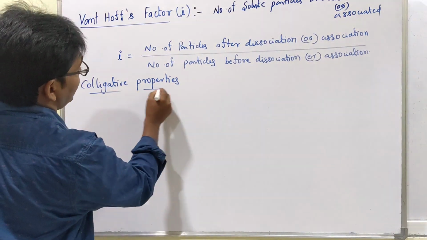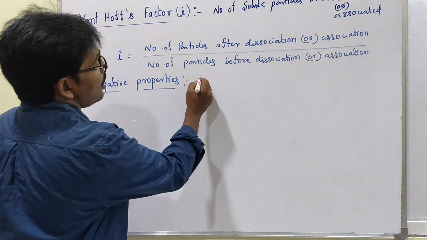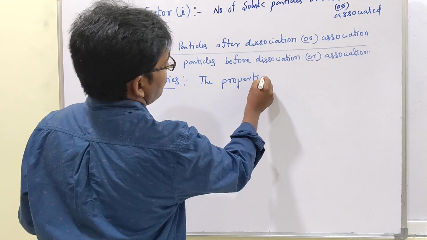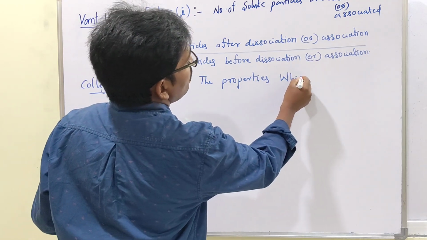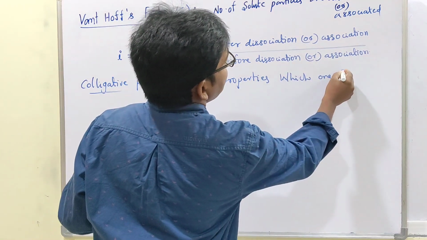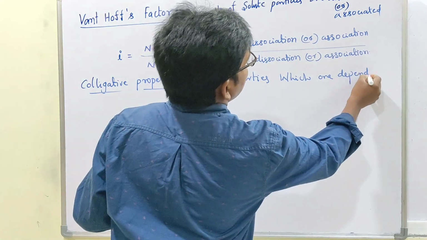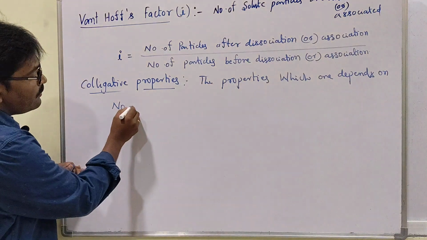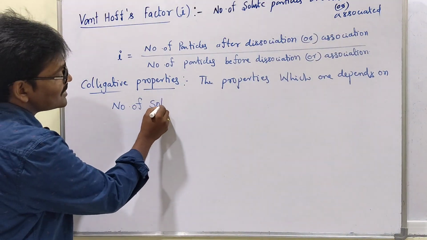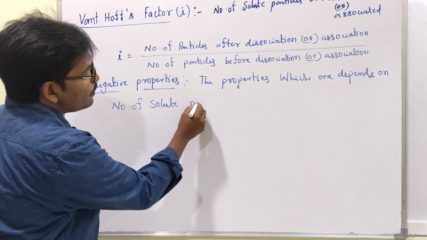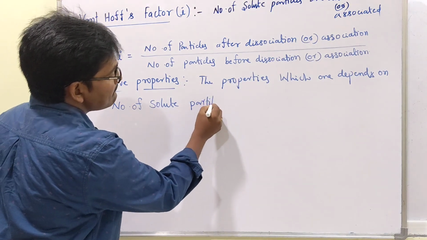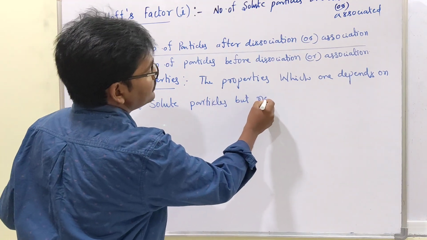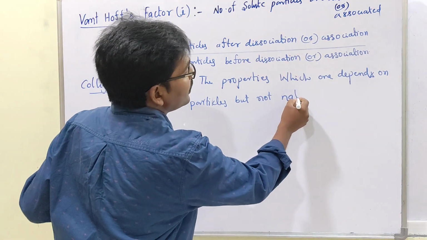Colligative properties mean the properties which depend on the number of solute particles but not on the nature of particles.